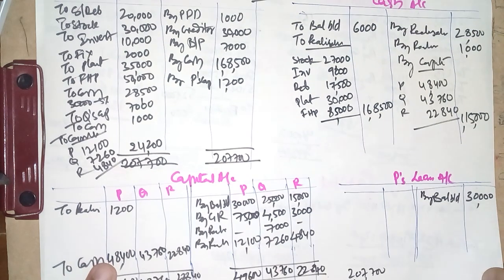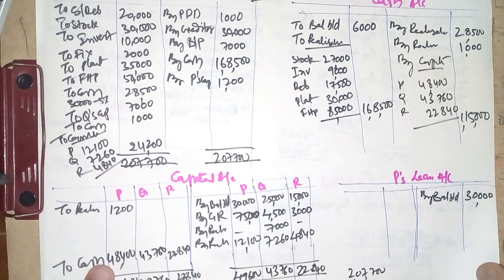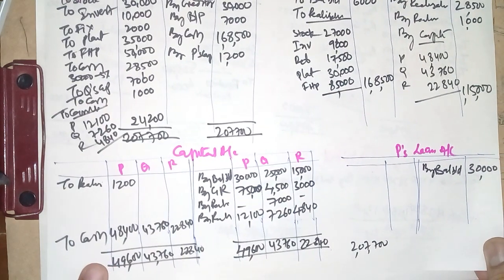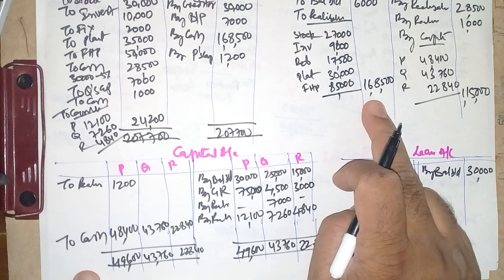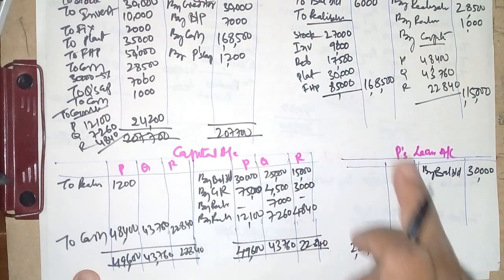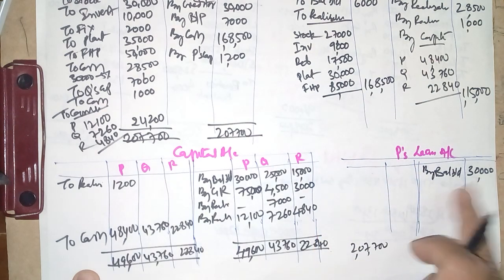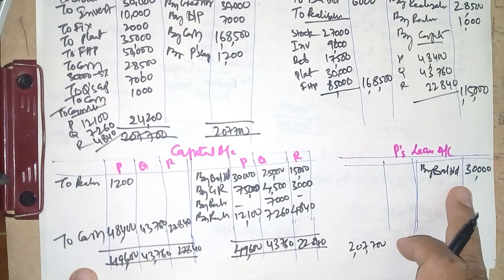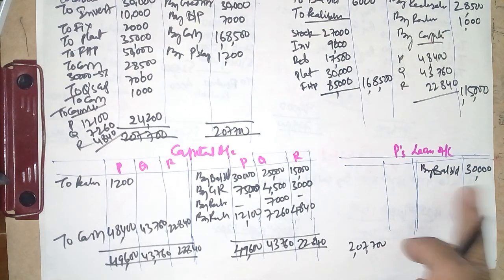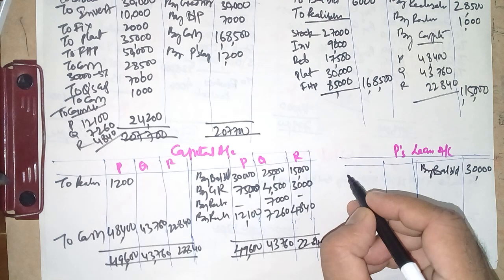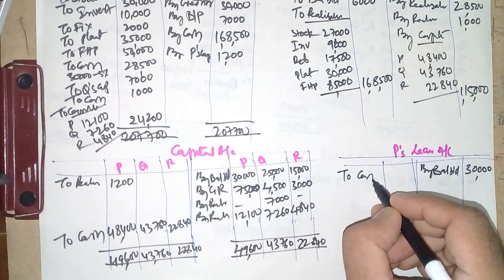But the most important thing, we seem to have sufficient cash, therefore we need to make the payment of the P loan as well. Generally the loan is to be paid off. The entry would be P loan account debit to cash.